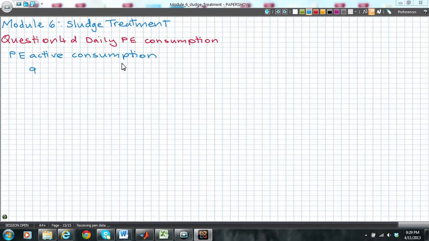So we're told that 9 kilograms of active PE are added per tonne of dry solids. So from this we can calculate what the daily active PE consumption will be.